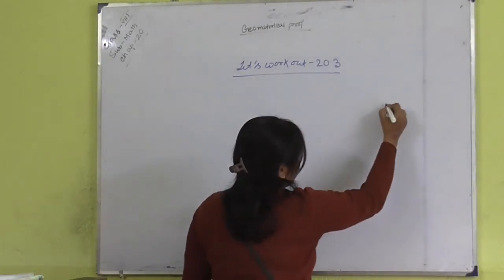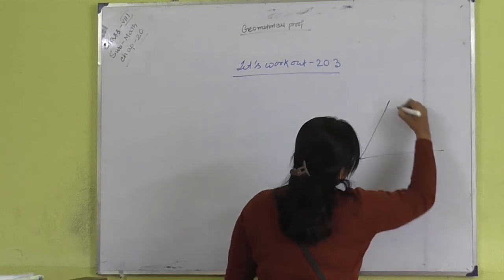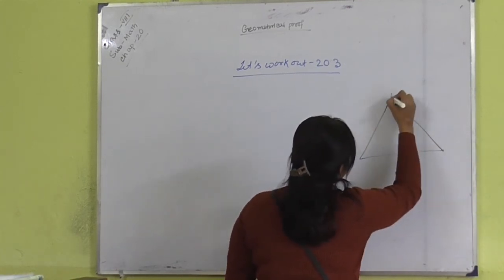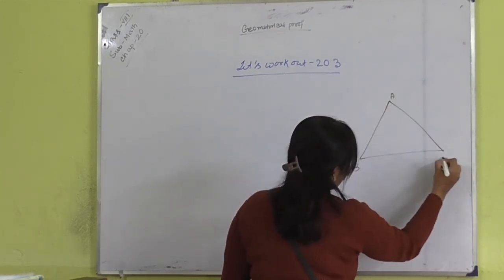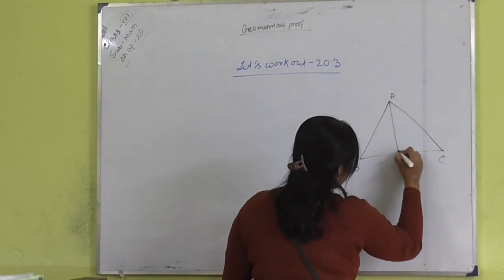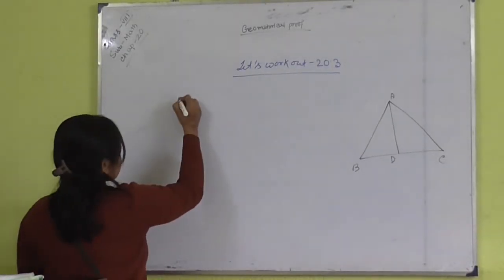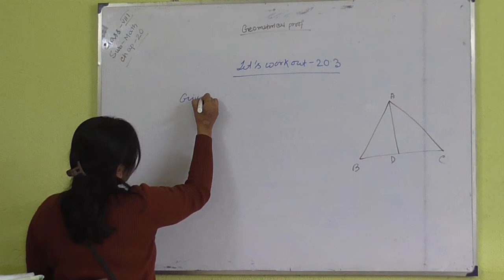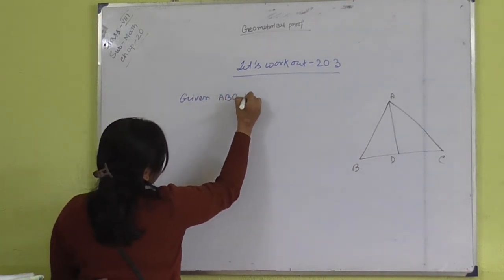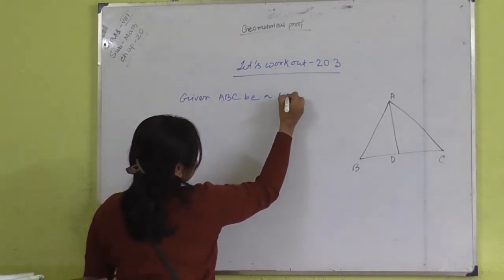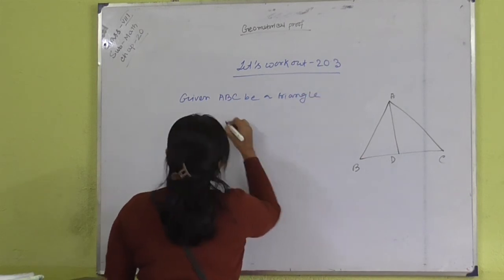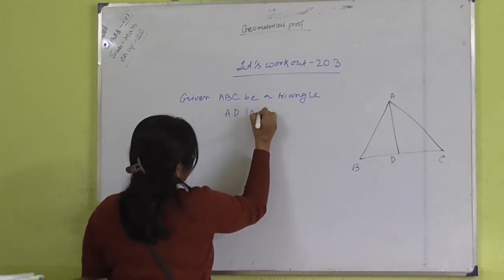At first it is given that ABC is a triangle and AD is the median. This is the given part for this problem.